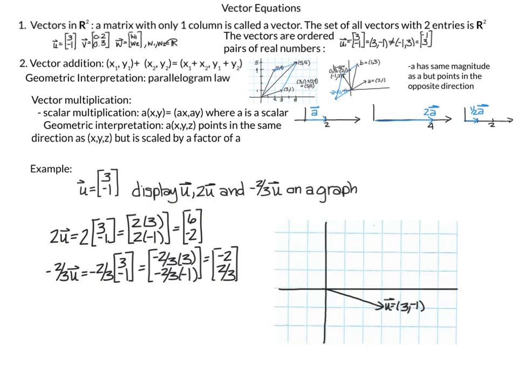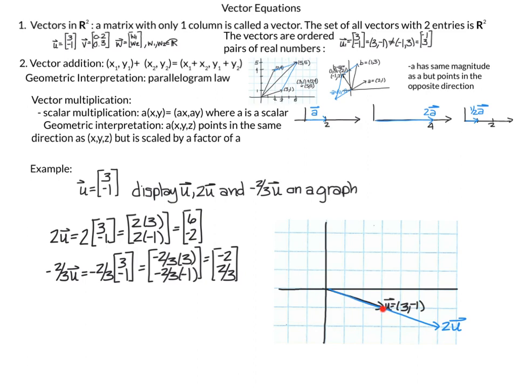Here I have u equals 3, -1 on my graph. To do 2u, it should be in the same direction but twice as long. So I have that graphed here, and that, as you can see, will be at my point 6, -2. Now for my -2/3 u, I want it to be 2/3 as long and in the opposite direction.